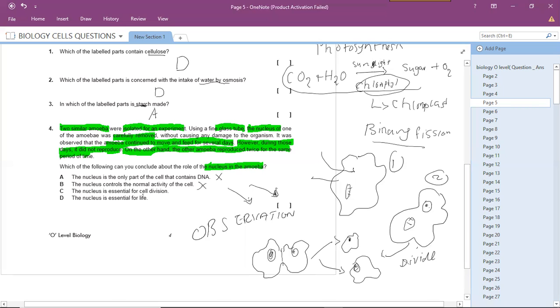The nucleus is essential for cell division, correct. The nucleus is essential for life? No, because we are observing that one amoeba is dividing, the other one is just growing for several days. So our answer here, based on the observable experimental results, is going to be C. The nucleus is essential for cell division.